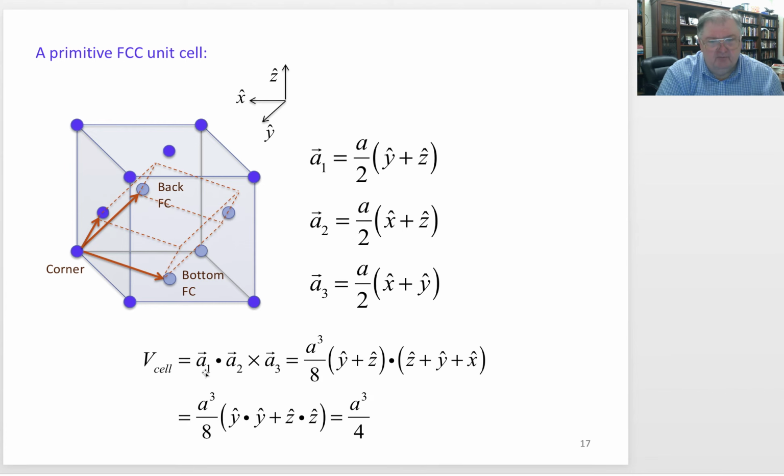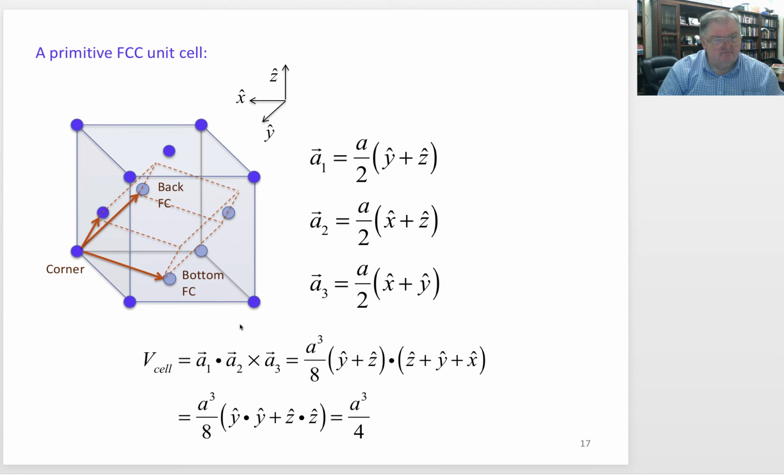If I compute the volume of that cell with the same formula, I get, sure enough, a cubed over 4. And I sketched in for you here what that volume looks like. So we have this oddly oriented volume, which has volume a cubed over 4, so it's 1/4 the volume of this entire blue unit cell.